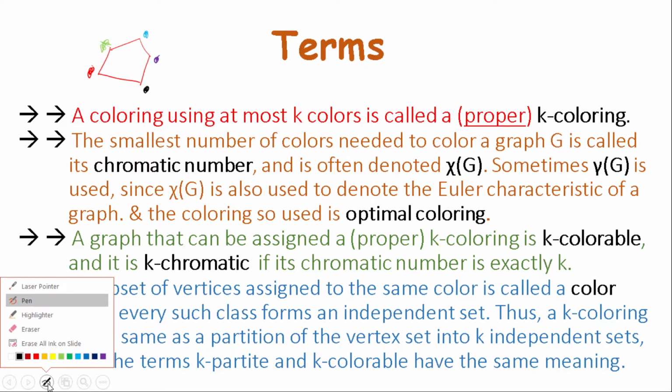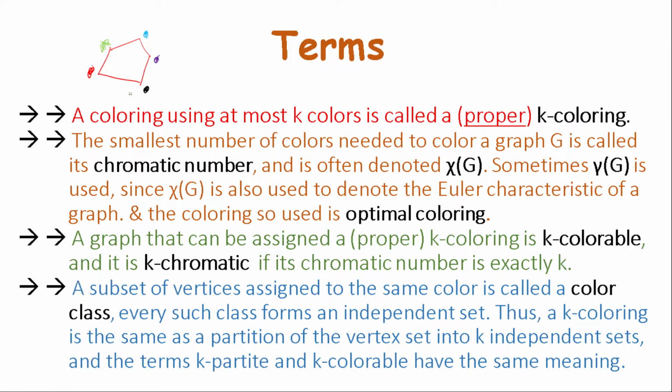Okay, let's try to color this graph. We'll start with green itself. So this is my first color, green. Can we color this as green? No, because they share a common edge. So we'll use a different color here. We can color this vertex as green. Can we color this as green? No, because these two again share a common edge.